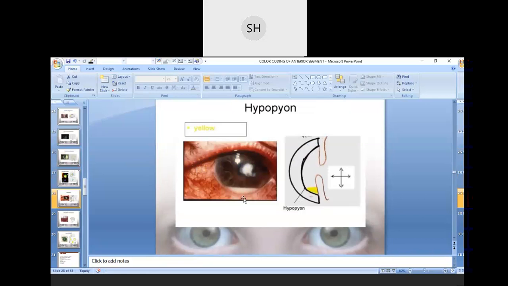That means pus. Pus. Yes, very good. So basically it's a collection of the pus in the, what is the position, your anterior chamber. Okay. So this is the collection of the pus in the anterior chamber. If you have seen any kind of this pus, whitish in color, so you have to draw it this way with a yellow color.